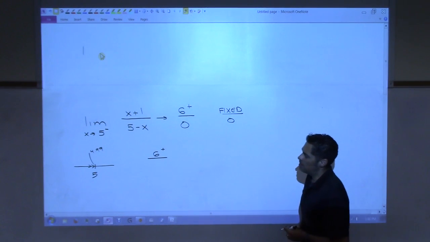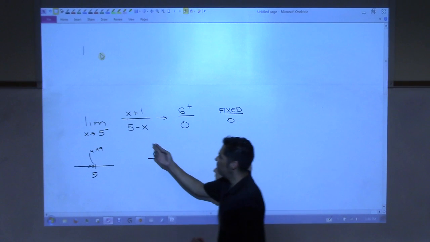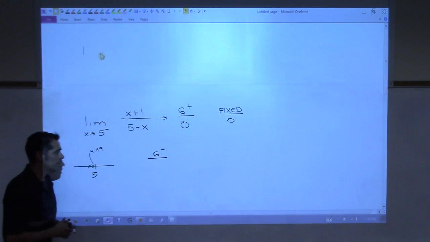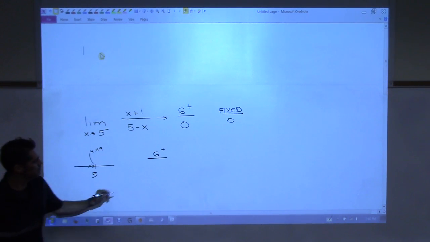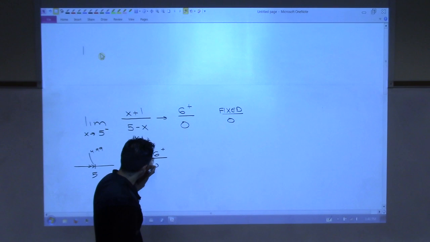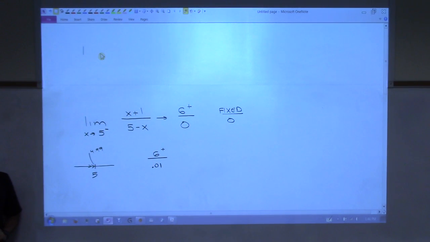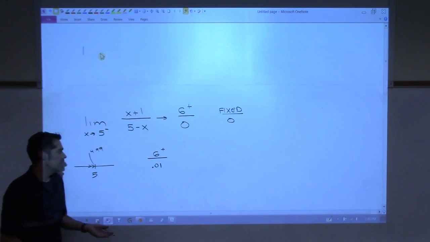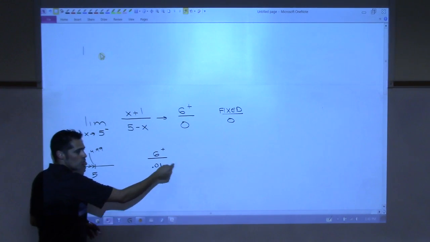And the denominator, though, this is a little different than last time. It's 5 take away 4.99, which leaves you with 0.01. And that's positive. And if I got even closer, 4.999, this would be 0.001.